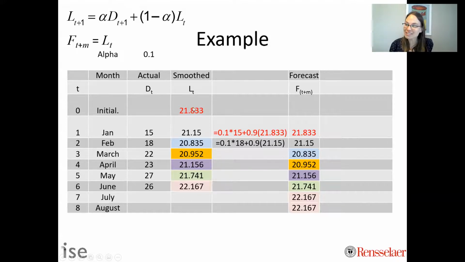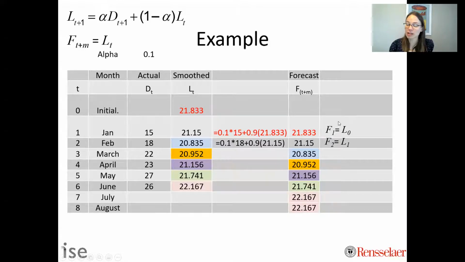So that's our estimate for our level, but that's not our forecast. To get the forecast, we now need to use the F equation. Our equation for the forecast at period T plus M is equal to L of T. For example, to get January, I'm going to use L of 0.